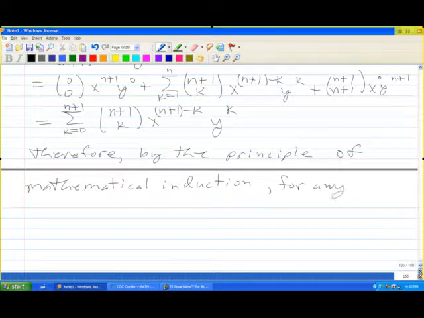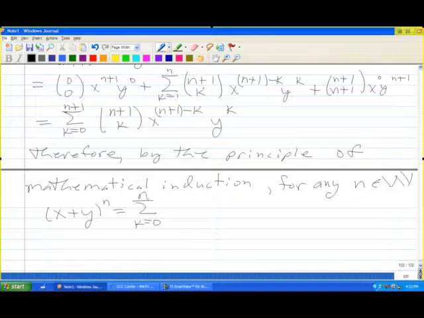for any n being a natural number, actually a whole number, we have that (x plus y) to the n equals the sum, k equaling 0 to n, of nCk x to the n minus k y to the k.